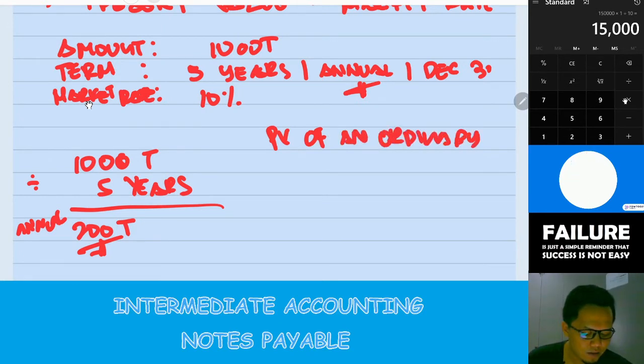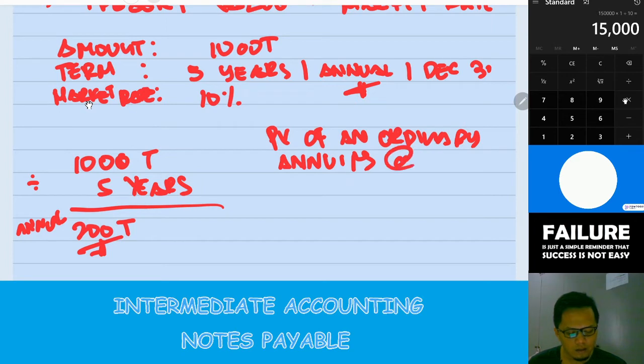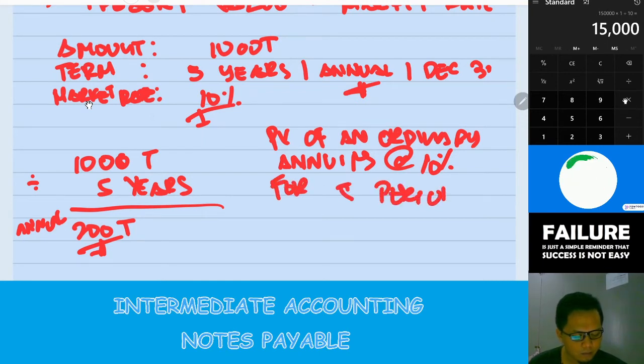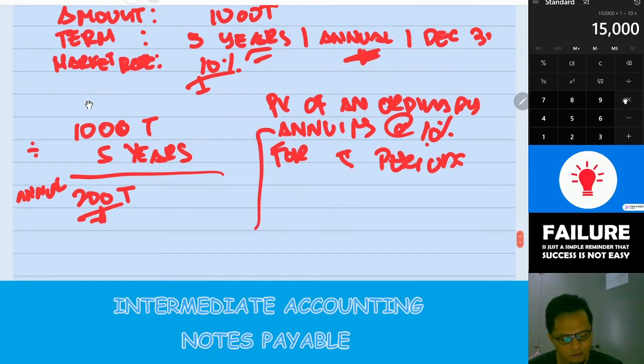Kasi nga, hindi siya lump sum payment. So, present value of an ordinary annuity, using the effective rate of 10% for 5 periods. Kasi nga, 5 years, annual yung annual installment. So, let's compute for this. Okay? Let's compute for that manually.